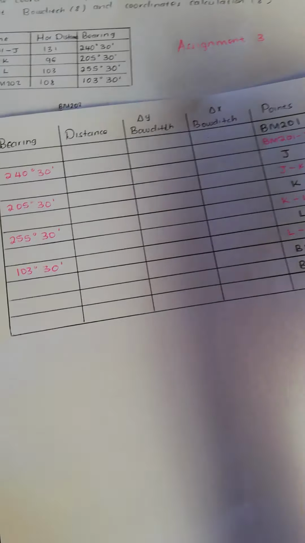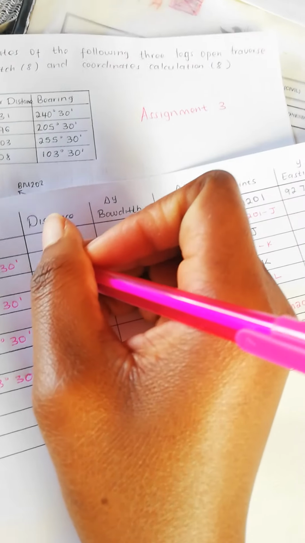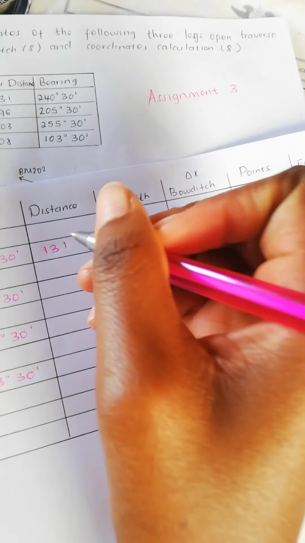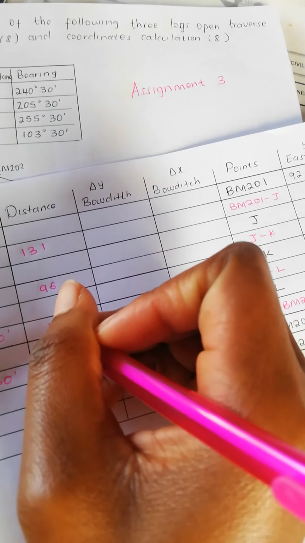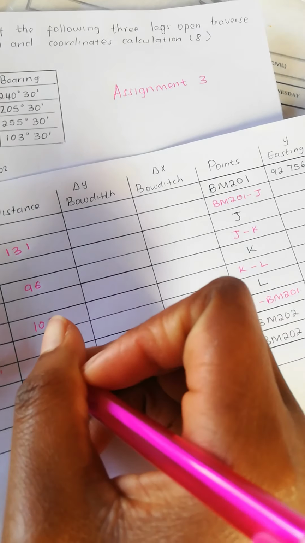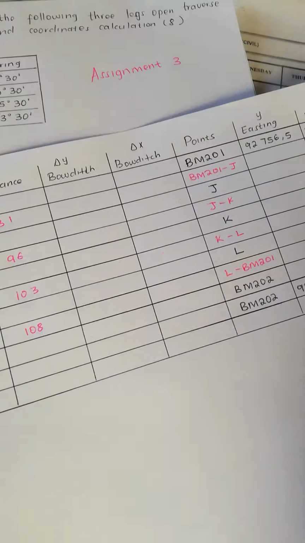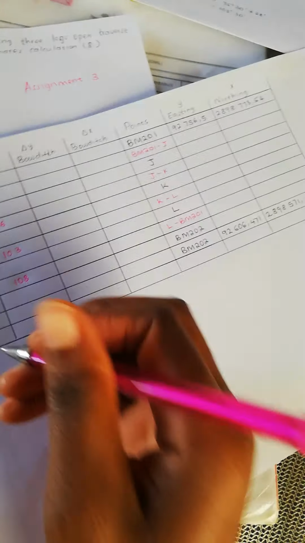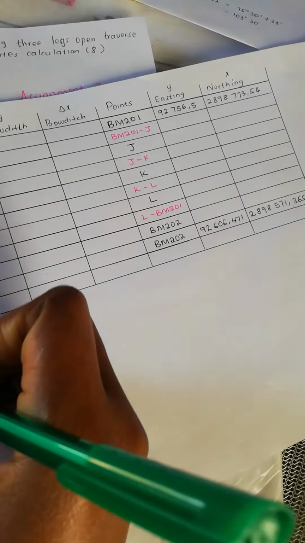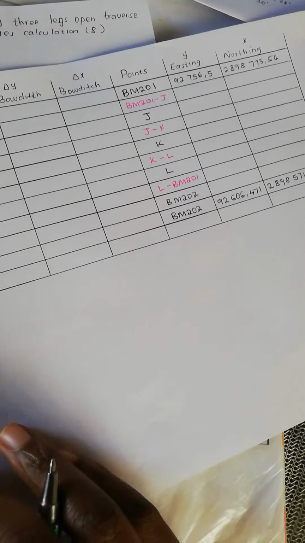And then from there, we write our distances: 131, 96, 103, 108.